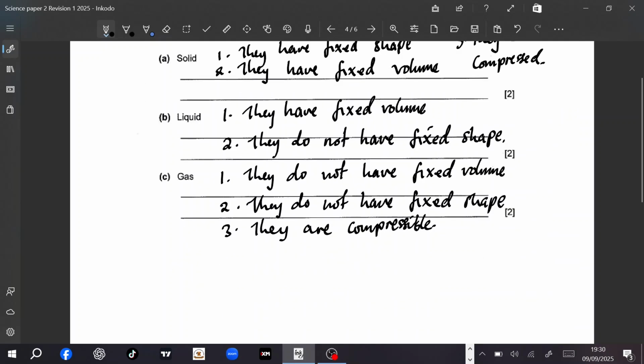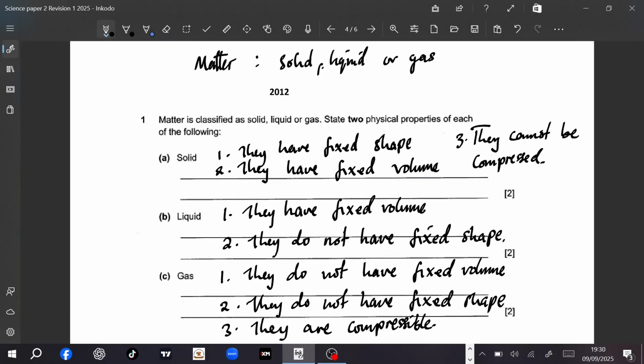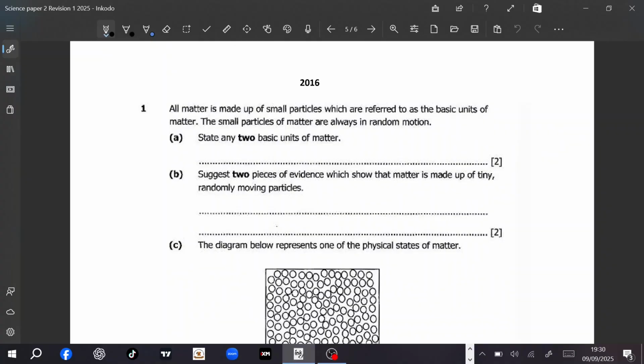Okay, so let's see another question. So this question came from 2016. They're saying all matter is made up of small particles, which are referred to as basic units of matter. The small particles of matter are always in random motion.